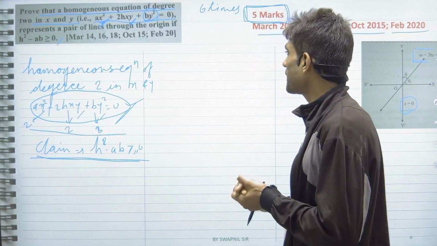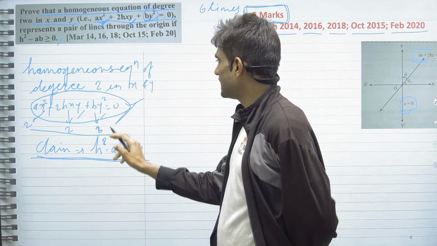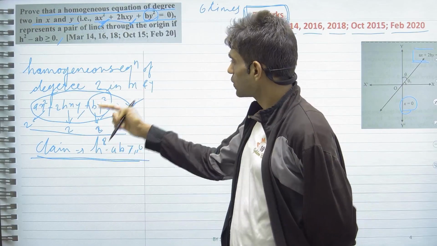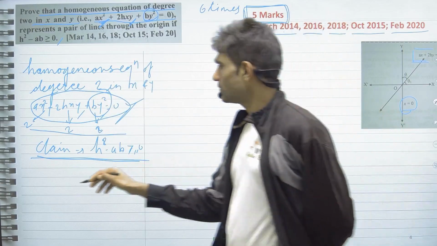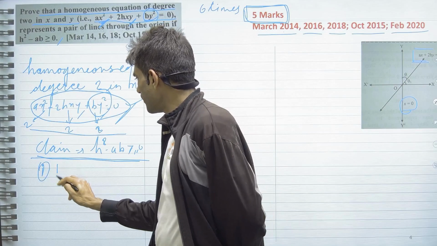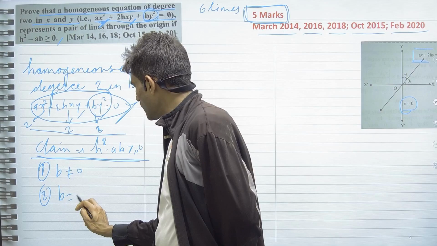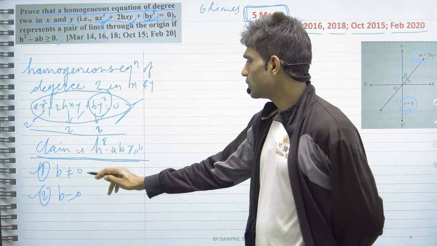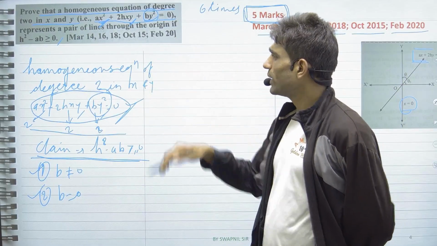So the only possibility is that by square is 0 or non-zero. Using this, make two different cases: first, b non-zero, and second, b equal to 0. Using these two conditions we will prove the statement of our theorem.